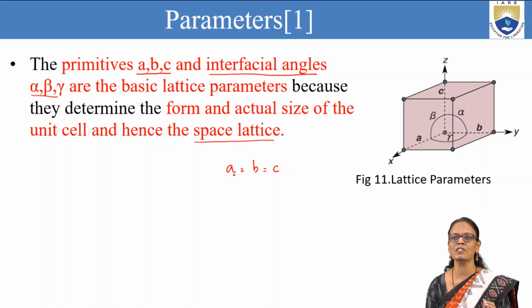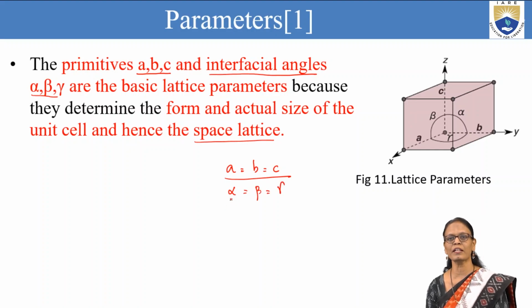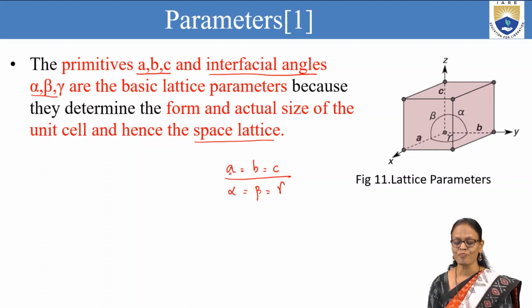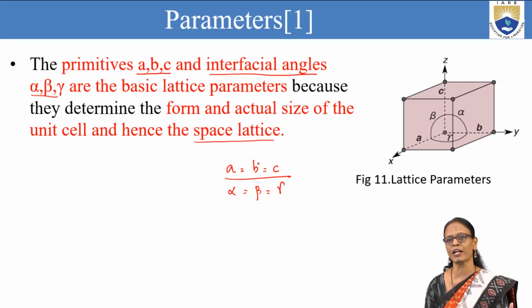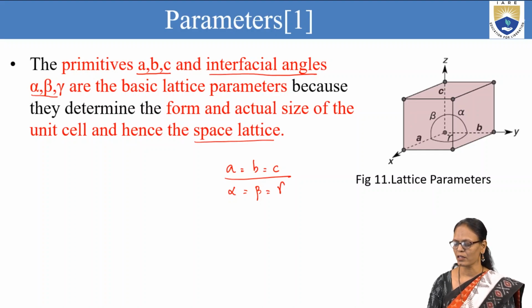This is the case of a simple cube, where all the sides are the same. Depending on these parameters and also the angles alpha, beta and gamma, if they are equal, we write alpha equals beta equals gamma. And there may be cases where A equals B but is not equal to C. So depending on these parameters, we are going to classify crystals into 7 different types, which we'll be discussing later.